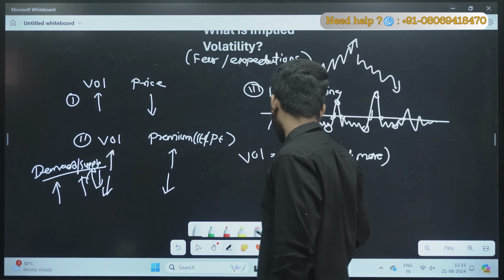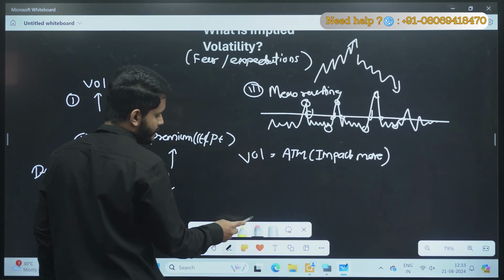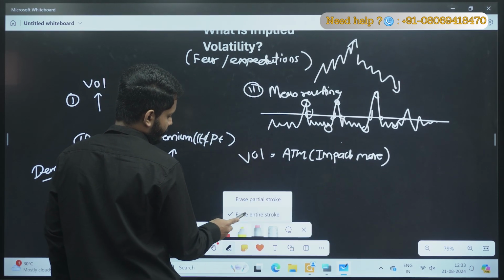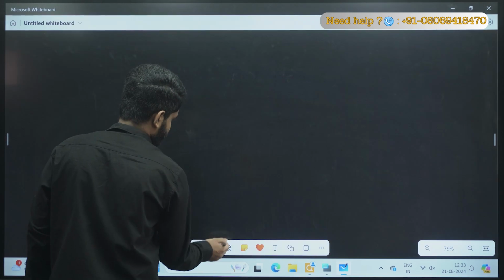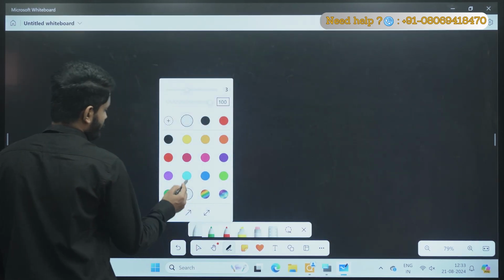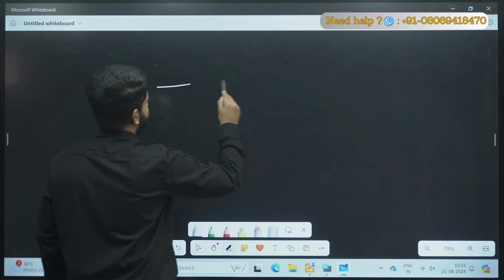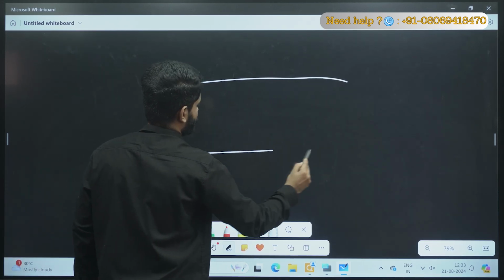Give me a second, let me explain the concept, what exactly we are going to do today. Let's say this is a resistance, and this is the support.